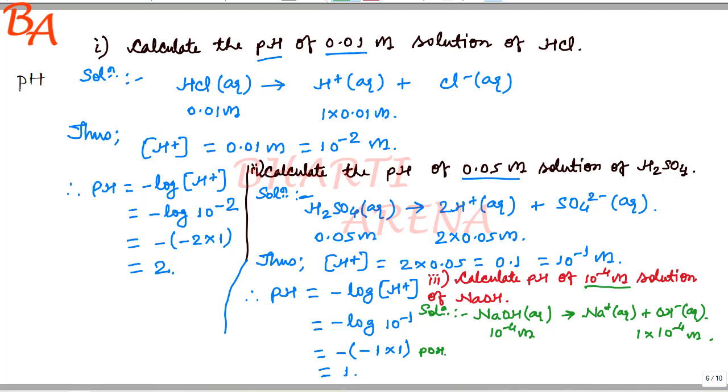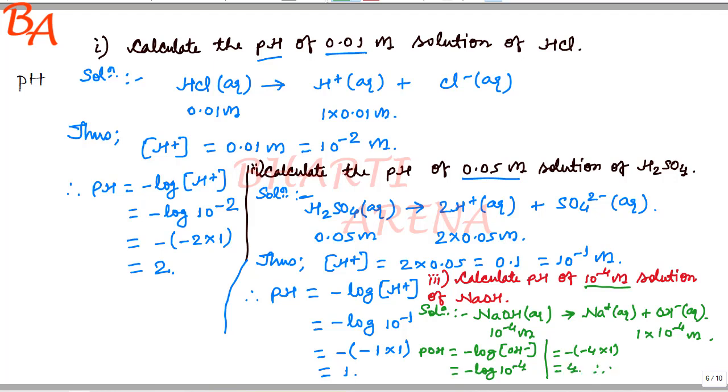Here pOH equals minus log hydroxyl ion concentration equals minus log 10 to the power minus 4 equals minus into minus 4 into 1 equals 4.